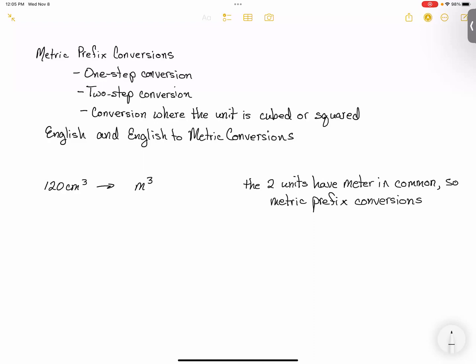But when I look up meter and centimeter, I find that 1 centimeter is equal to 1 times 10 to the minus 2 meters. I don't find centimeter cubed and meter cubed. I just find centimeters and meters.